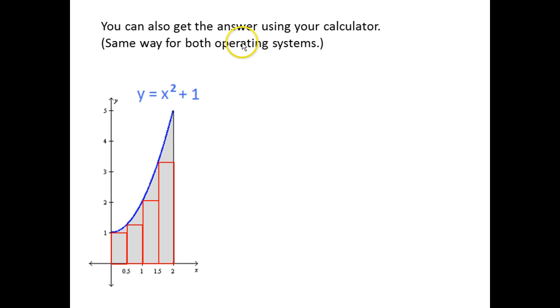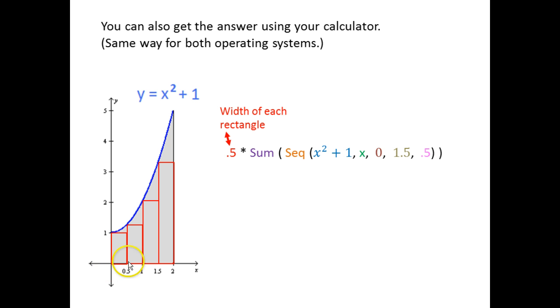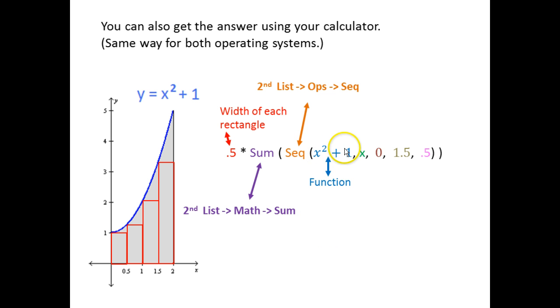You can also use your calculator and it works the same way for both operating systems. So 0.5 is the width of each rectangle. Then you get the word sum, sequence. This is the function.